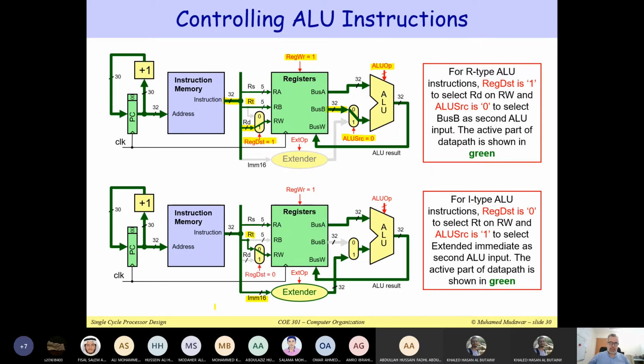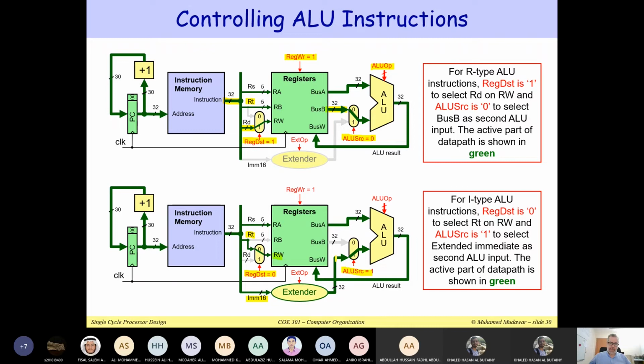So therefore, this register destination control signal must be equal to 0. So we select here RW becomes RT. That's my destination. This is the register that we are going to write to. Notice that my 16-bit immediate, so my ALU source will be equal to 1.